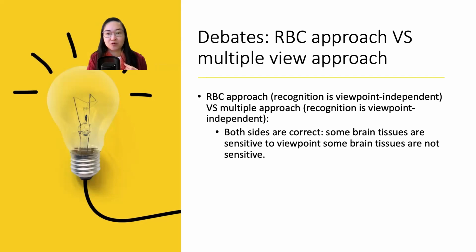In the multiple views approach, recognition is viewpoint dependent, because it depends on from which point of view you see it. It can be faster or slower to view an object, which means recognition is viewpoint dependent. According to the multiple approach, both sides are correct. Some brain tissues are sensitive to viewpoint, some brain tissues are not sensitive.